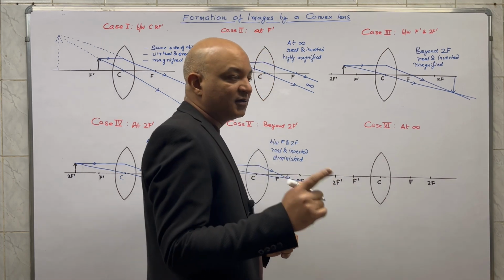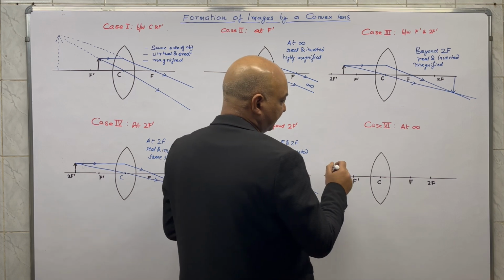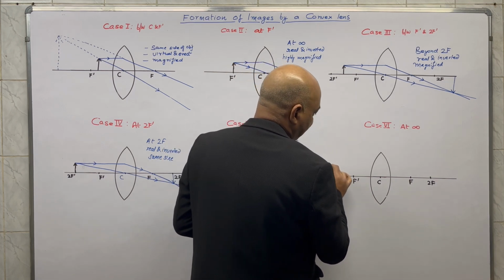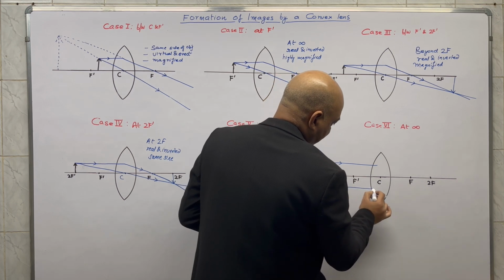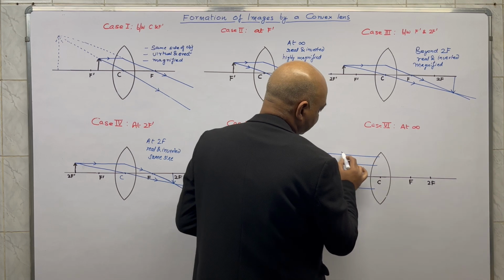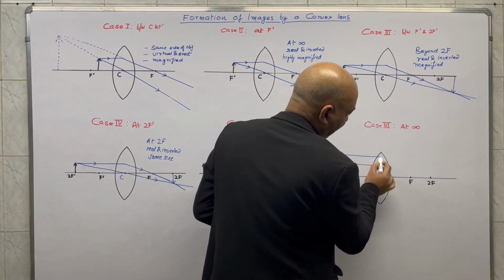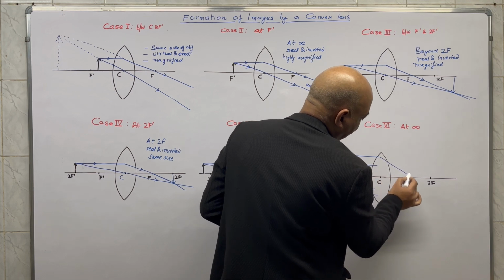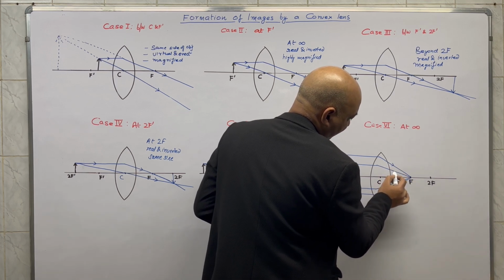So as we did in mirrors also, if the object is very far off, that is at infinity, the light rays coming from it before reaching the lens will become parallel, and so they all will be converging or meeting at exactly the focus.